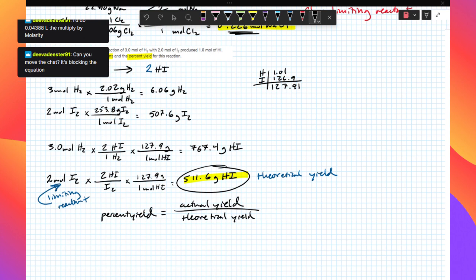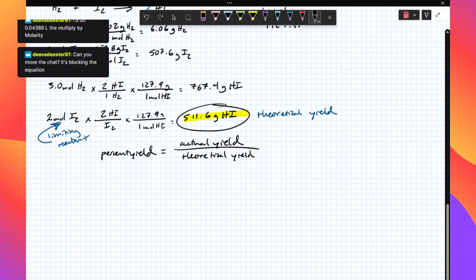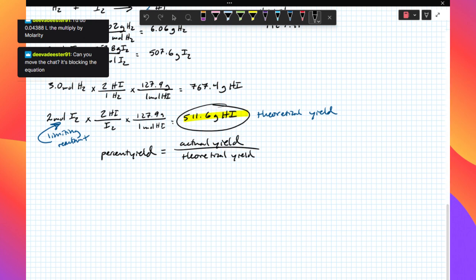In a laboratory experiment, the reaction of 3 moles of hydrogen with 2 moles of iodine produced 1 mole of hydrogen iodide. So our theoretical yield is 511.6 grams, but how many moles is that? That would be 127.9.